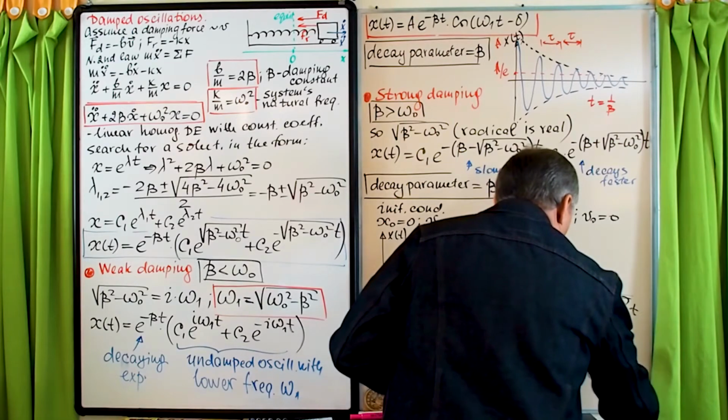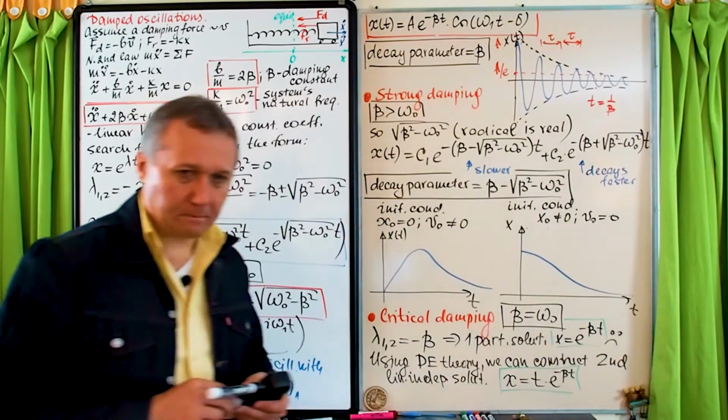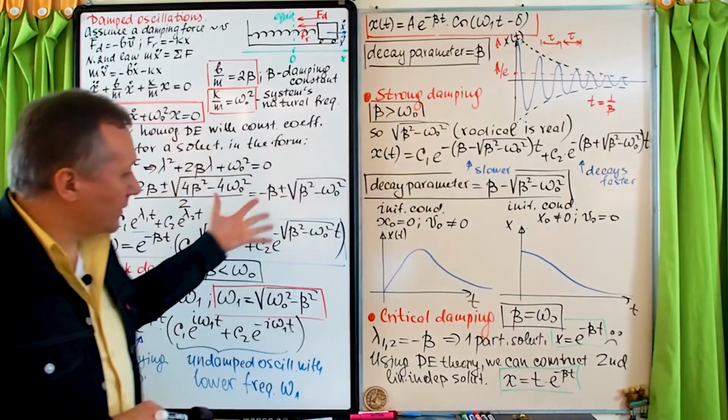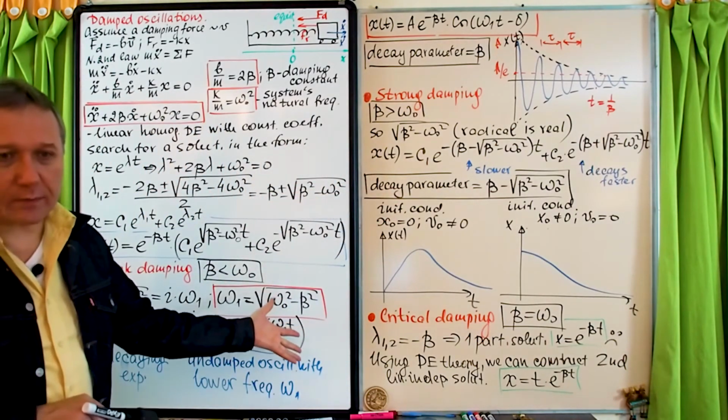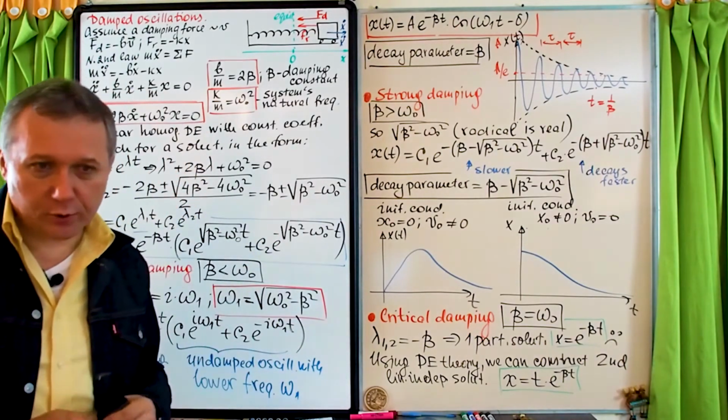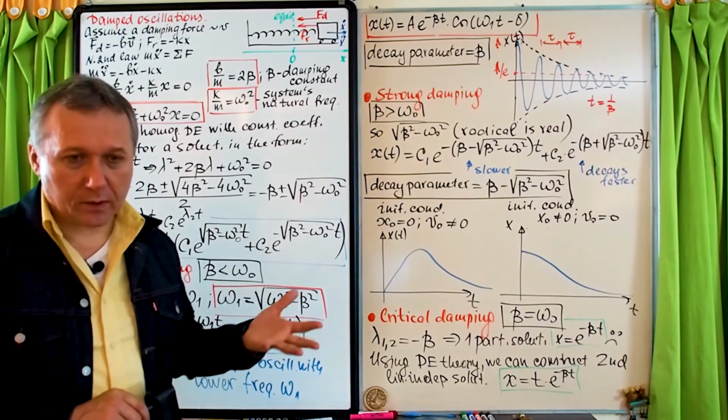And that's only due to the fact that we have critical damping. It's only for critical damping, right? Because for the previous cases, we had two lambdas, so we could construct two linearly independent particular solutions.